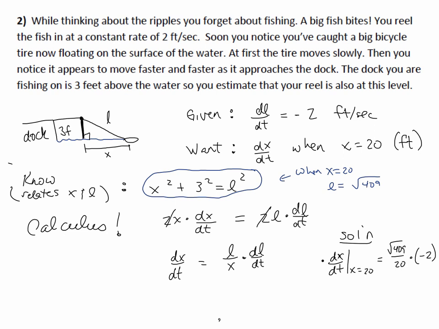When the tire is 20 feet away. And since we're reeling it in, that rate of change should be negative because the distance between the tire and the dock is getting smaller, right? So it should make sense that we got a negative number. What are the units on that number? Feet per second.